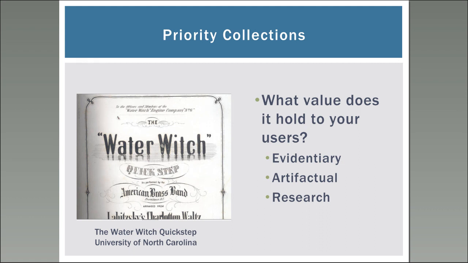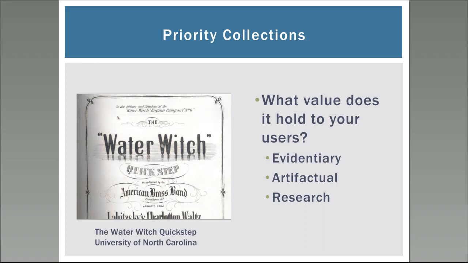In certain corners of the cultural heritage sector, or among boards, or in parts of your organization that are not dealing directly with collection management, the idea that you would prioritize some collections over others is scary and sounds horrifying.